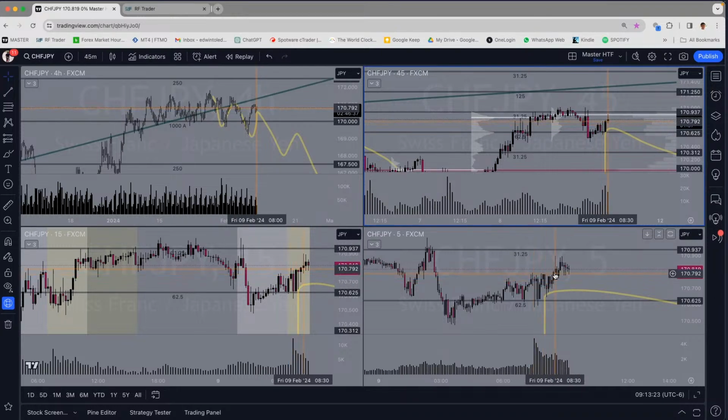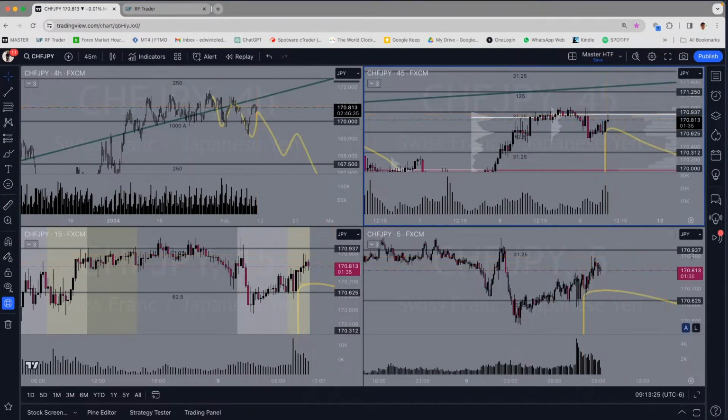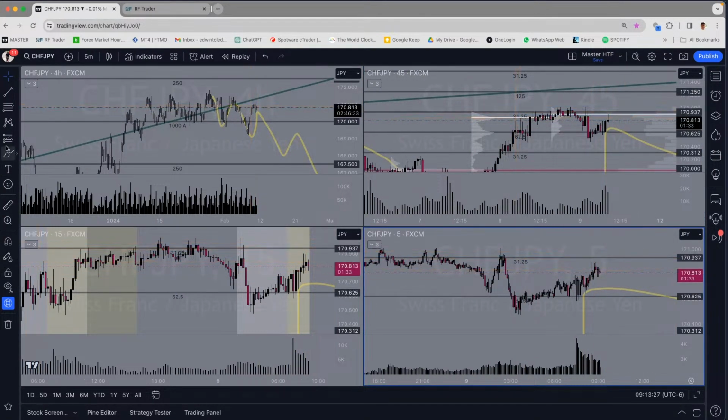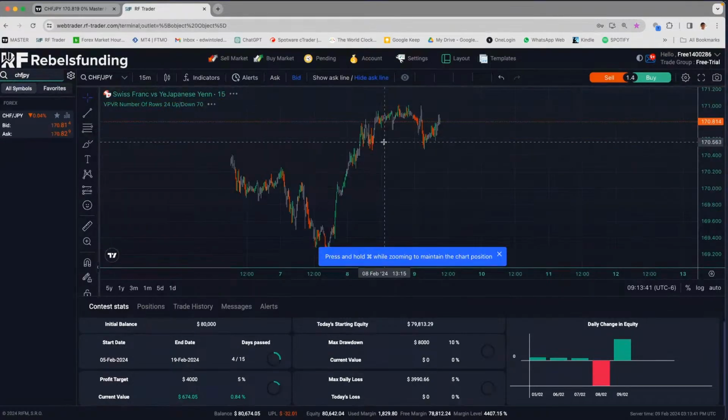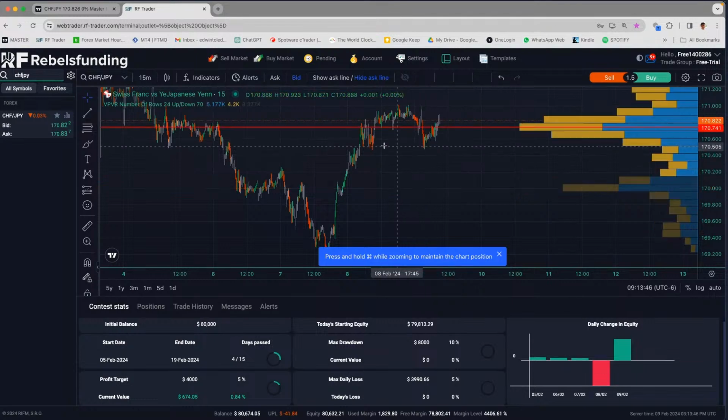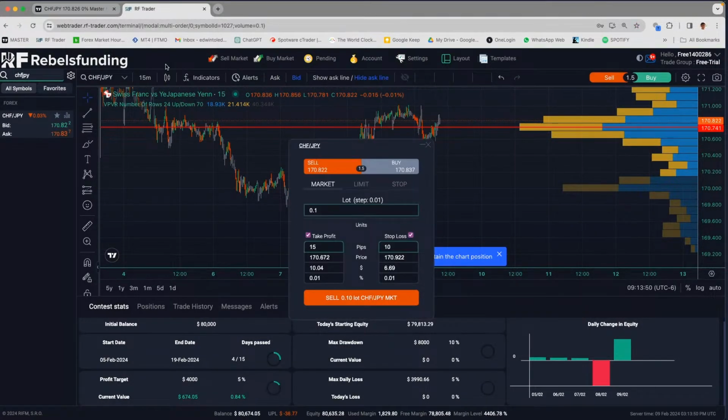And if we get caught, we do. But I think it makes sense with a stop loss of about 26 pips. CHF JPY 0.32. I love how it made a lower low.